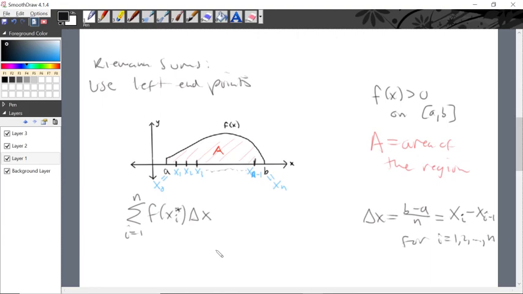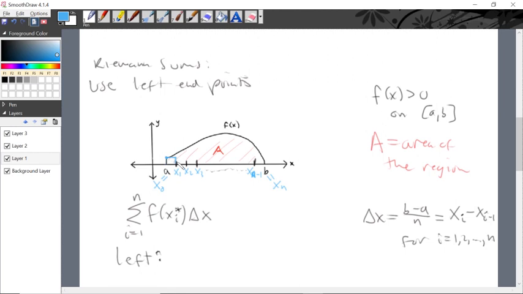Now, if we're going to be using left endpoints, that means that we're going to be evaluating the function f to find the height of the rectangle by using the left edge of each subinterval. Here's what that would look like. Our first rectangle would have, at the upper left corner of this first subinterval, the constant height of that rectangle.